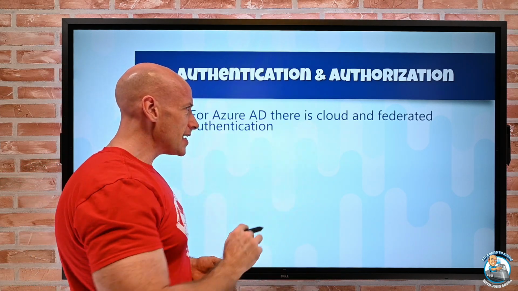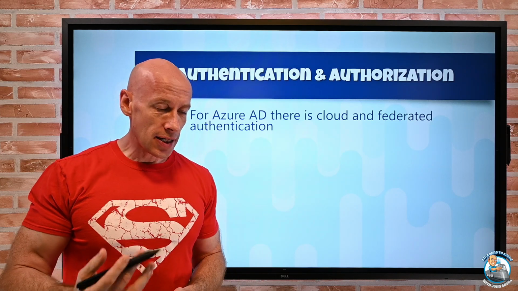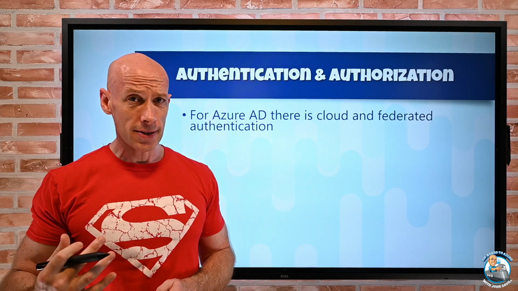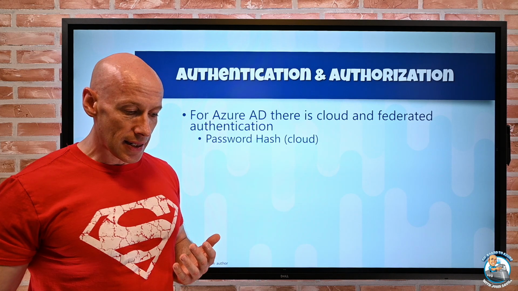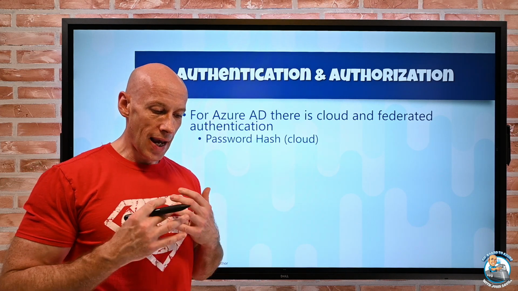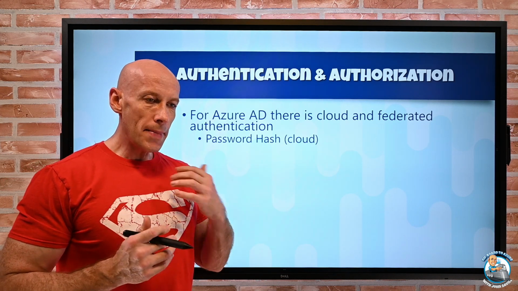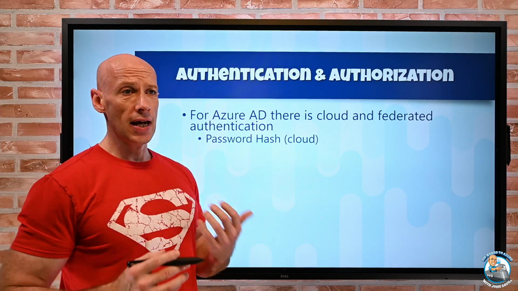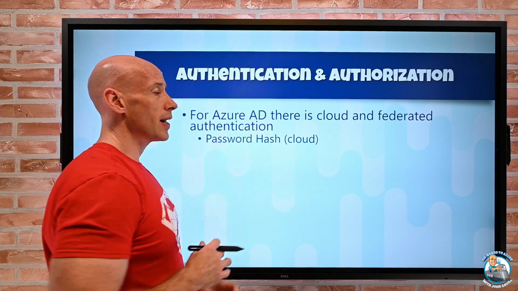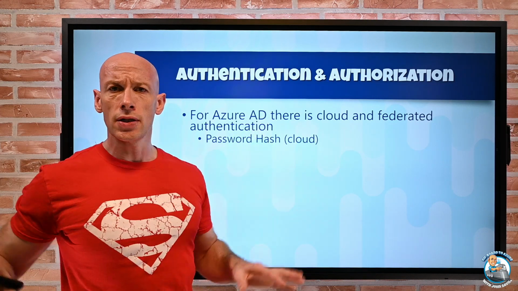So for Azure AD, there is cloud and federated authentication. We can authenticate to Azure AD actually in different ways. So the first and the recommended is password hash. And it's recommended because there are things Azure AD can do to help protect you. If it has the password hash, it goes and trawls the dark web.